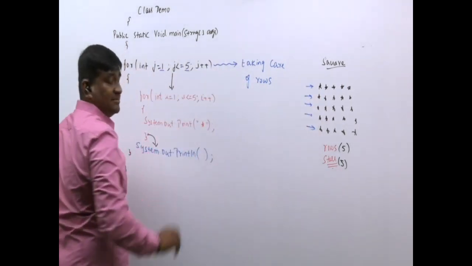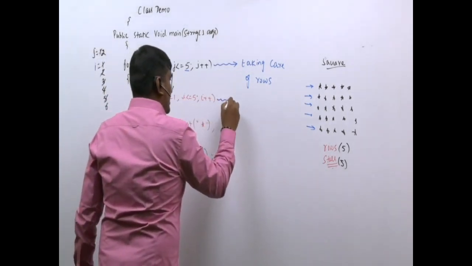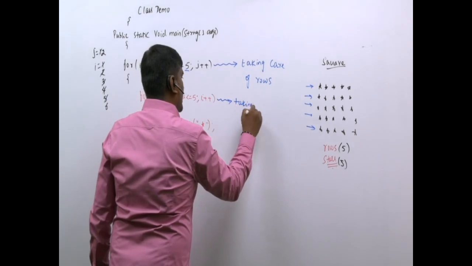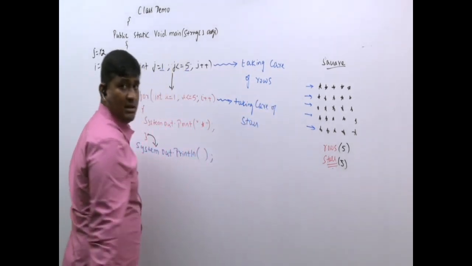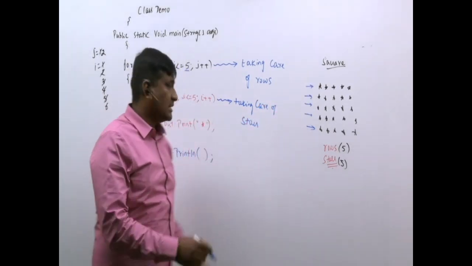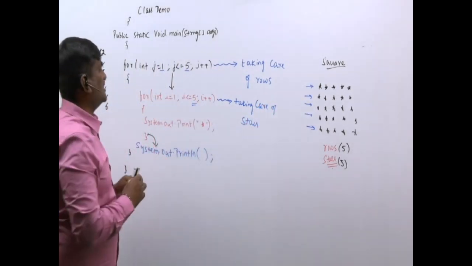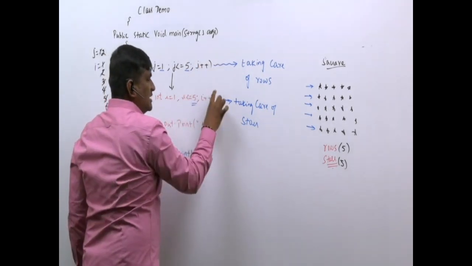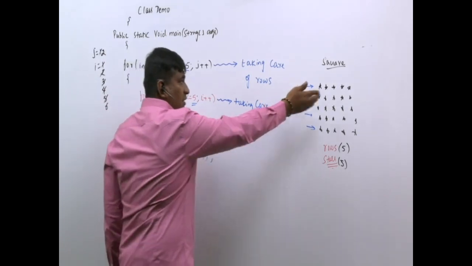So 5 rows are there. And this for loop is taking care of stars. Tell me in each row how many stars are there? 5 stars. Sir, how are you telling? This is taking care of rows. This is taking care of stars, because in every row 5 stars are there.